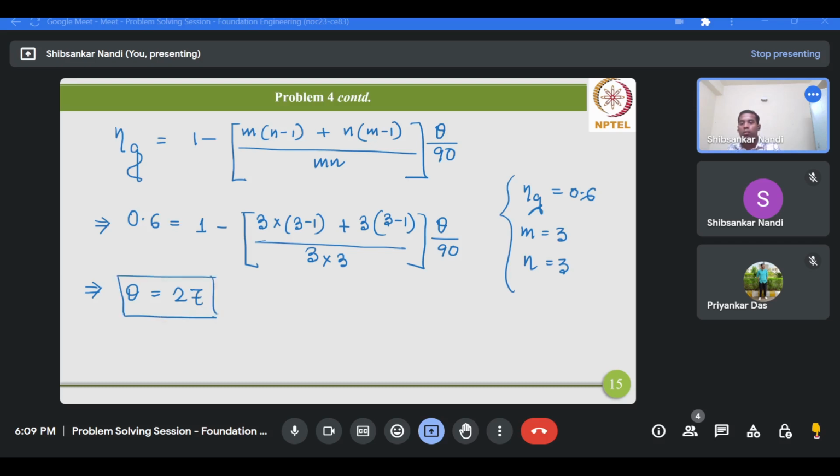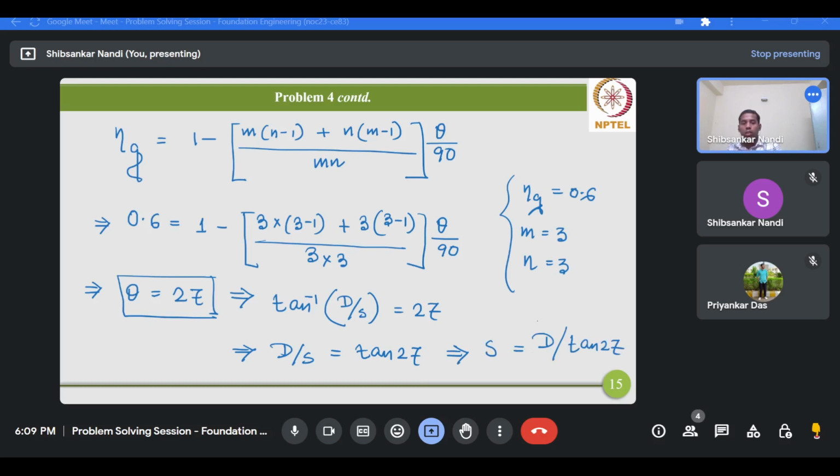Okay, and this theta is defined as tan inverse d by s. So this is 27. Obviously this d by s will be tan 27, and s will be d upon tan 27.